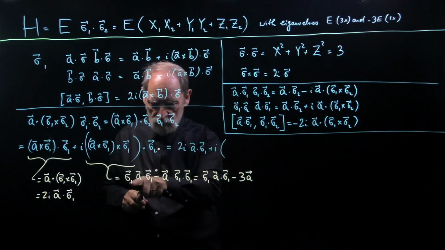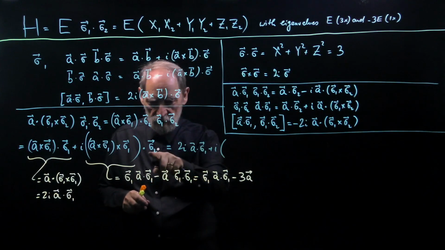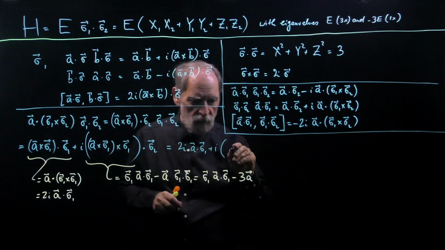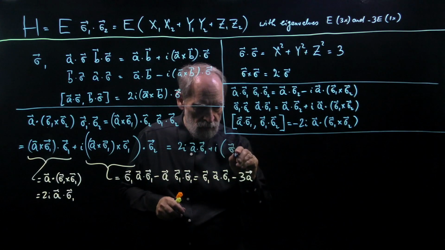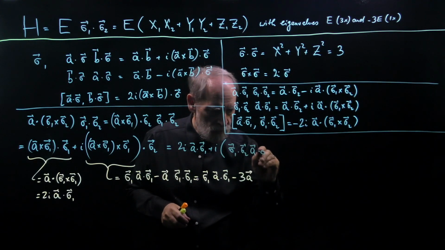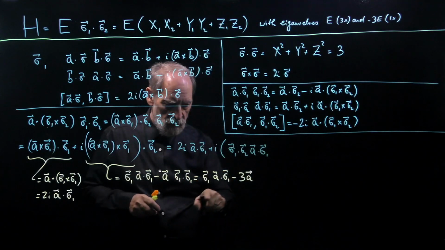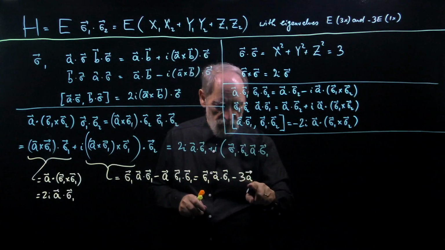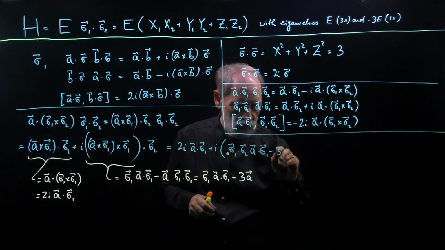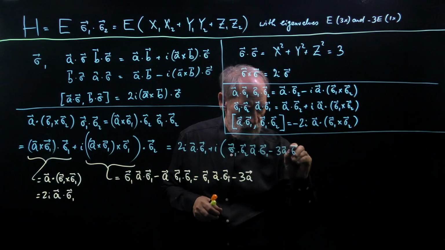So let's just see. So there's the sigma 1 here that gets dotted into the sigma 2. This sigma 2 commutes with the A dot sigma 1. So I can just write it as sigma 1 dot sigma 2 and then copy the A dot sigma 1 from here, or from here. And then we have minus 3A, which is dotted into the sigma 2, minus 3A dot sigma 2.